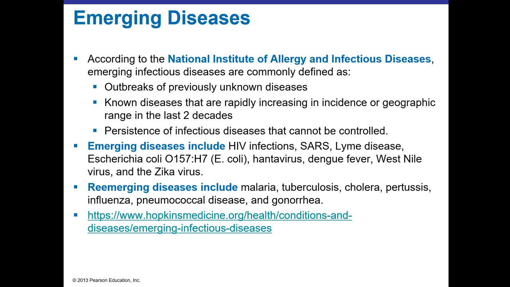So some of the ones that they have identified recently have been HIV, SARS, which instead of being SARS was the COVID-19, Lyme disease, the E. coli O157:H7, hantavirus, dengue, West Nile, and Zika, things that you've heard about in the news. However, there's also re-emerging ones that we're concerned about. Malaria, TB, cholera, pertussis, which is whooping cough, influenza, pneumococcal diseases, and gonorrhea. So we are constantly having to look for what is emerging and things that are coming back.